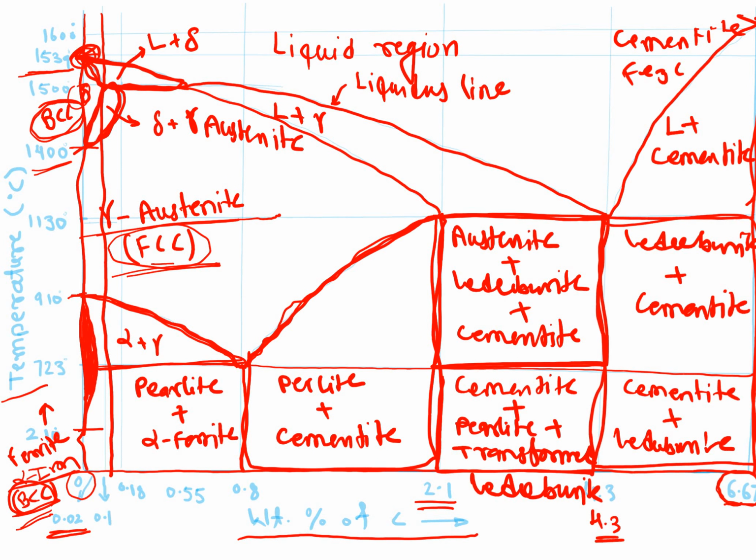Now we will discuss the important reactions or transformations that occur in the diagram. Those transformations have specific temperatures and weight percentages of carbon. First, we'll discuss the peritectic transformation. For clear identification, I will change the pen. So peritectic transformation occurs at this point.